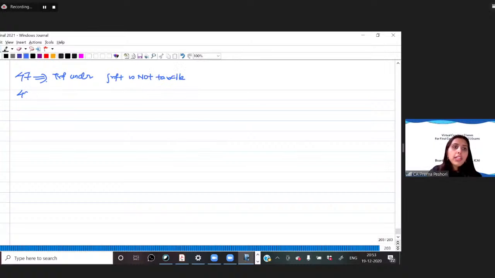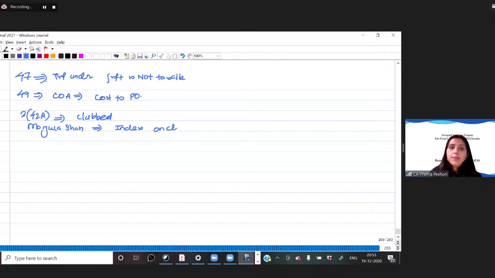So therefore 49 says whenever you receive the gift, cost of acquisition would be cost to previous owner, right? Then period of holding under 2(42A) says will be clubbed with the previous owner. Manjula Shah judgment says indexation will apply on clubbed period.